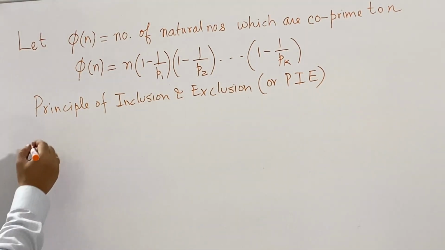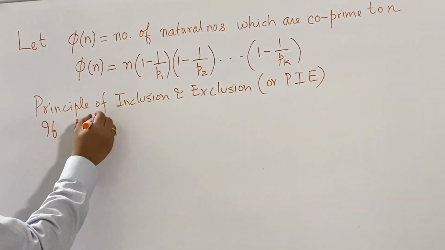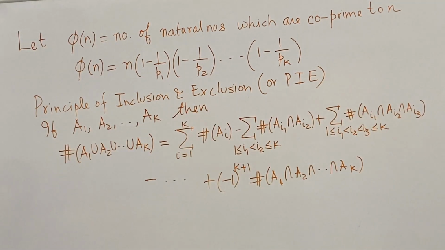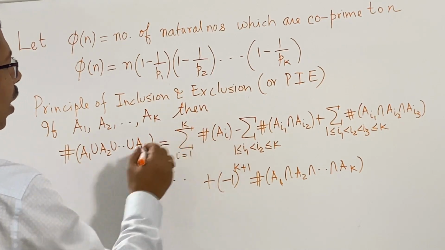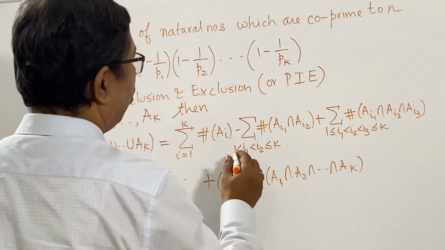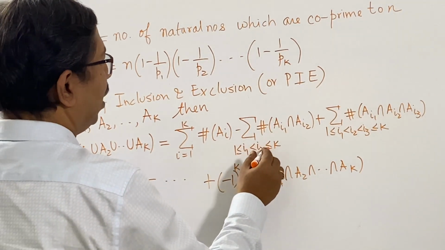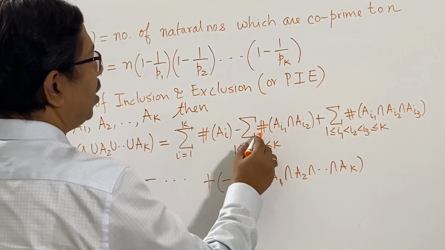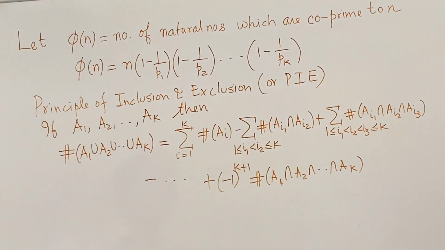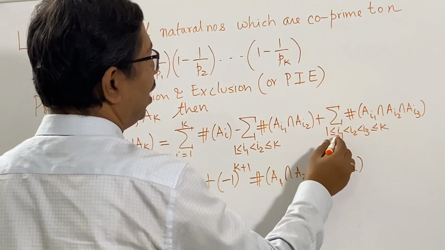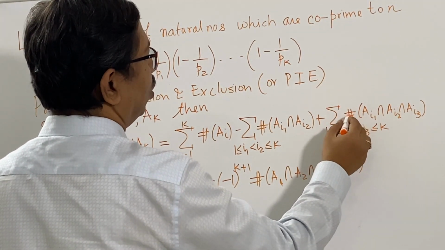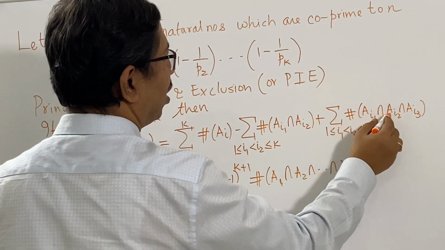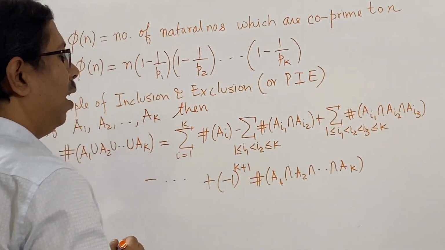If we have k sets, then the number of elements in A1 union A2 union up to Ak is the sum over i equal to 1 to k of the number of elements in Ai, minus the sum over 1 less than or equal to i1 less than i2 less than or equal to k of the number of elements in Ai1 intersection Ai2, plus the sum over i1 less than i2 less than i3 of the number of elements in Ai1 intersection Ai2 intersection Ai3, and so on.